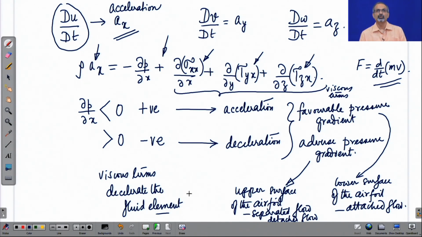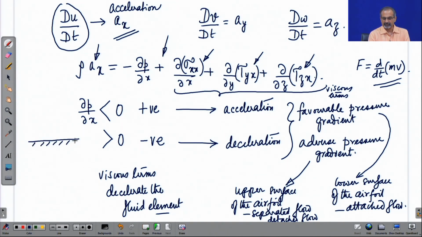Therefore, in viscous flows, it is very important that you have a favorable pressure gradient or a neutral pressure gradient. Any time that you are going into an adverse pressure gradient situation will be detrimental for the flow to remain attached on the surface, and the consequent problems which occur due to flow separation, like loss of lift, increase in drag, and so on.